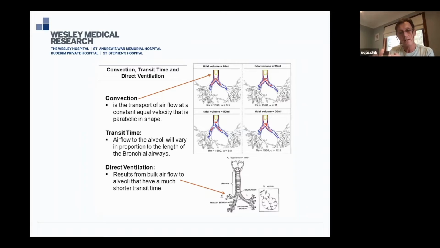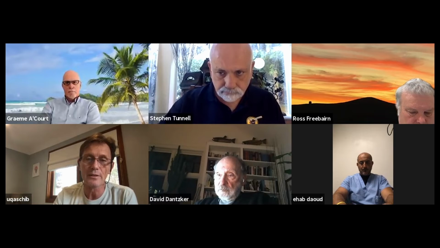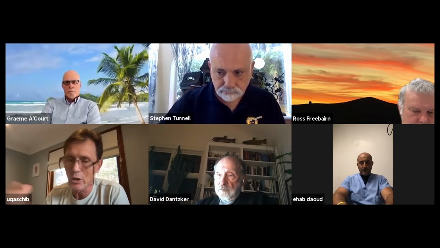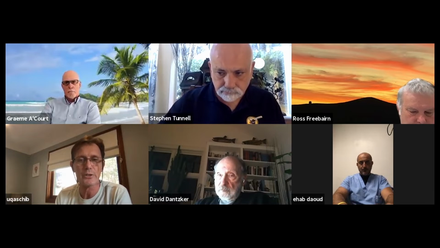But in the atelectatic lung, we have cycling, opening, and closing. So that so-called convection-diffusion front is really pushed down into the alveolar space, but with unhealthy movement, because alveoli are not made for cycling, opening, and closing, and that's where the lung injury occurs.